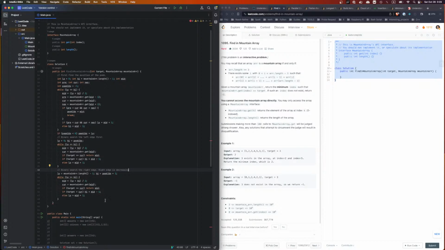If target is, this might be different, hold on. If target is smaller than current, so low and high, right? So high equal to mid plus 1. Nah, I don't like it. I do not like it.